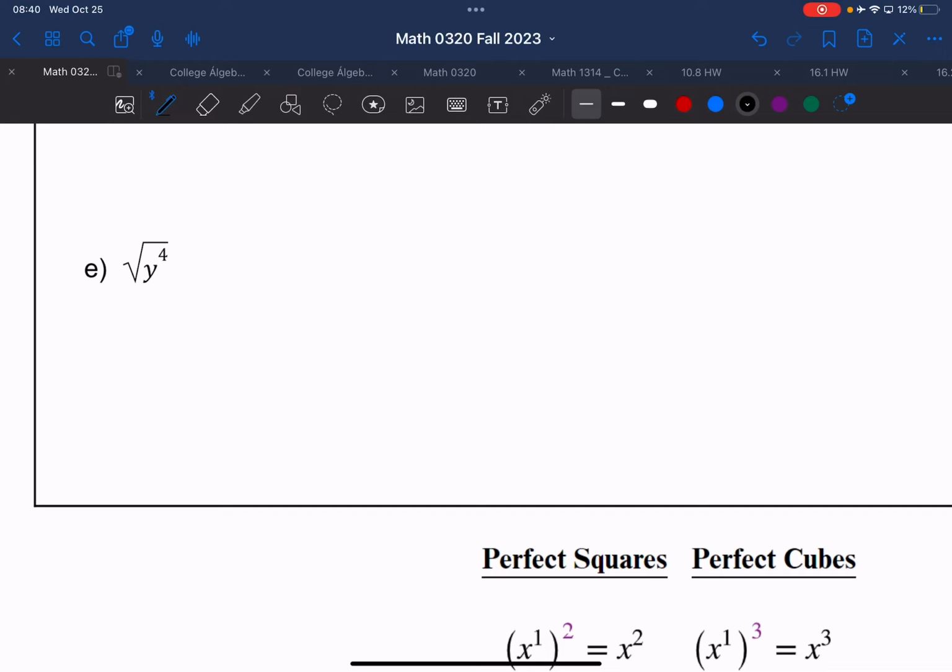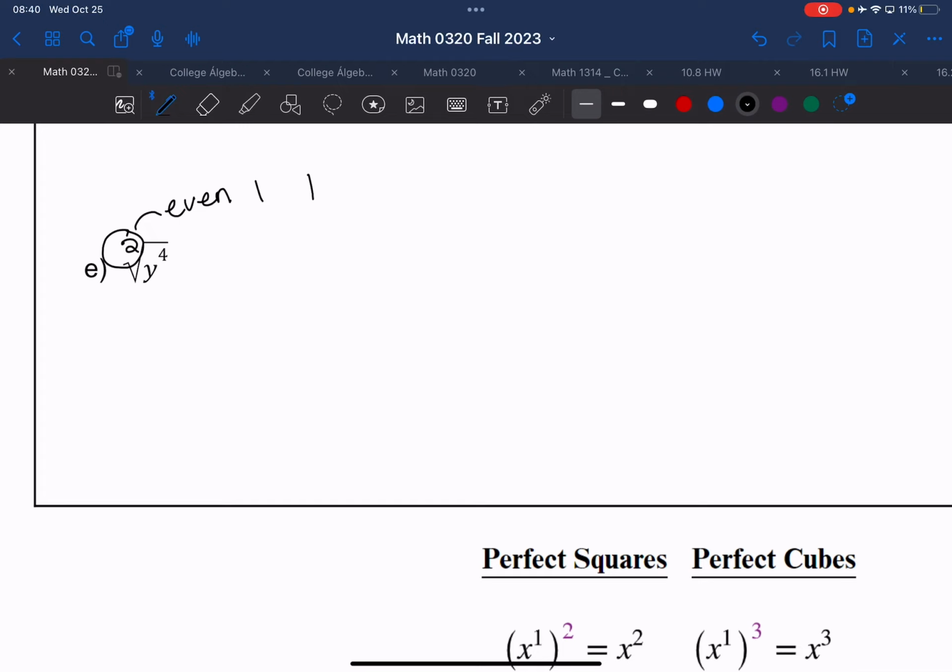Okay. So for part E, notice we now have 2 different values because what value is here if we don't see anything? A 2. Is that 2 even or odd? Even. So that tells us what? Absolute value bars. So it wants us to take the square root of y to the 4th.